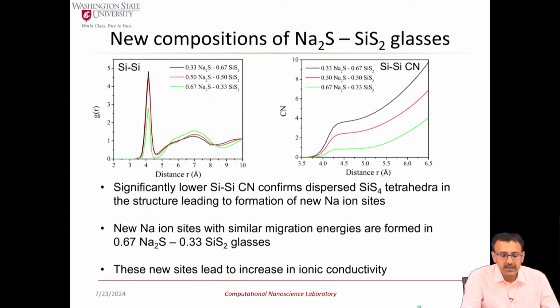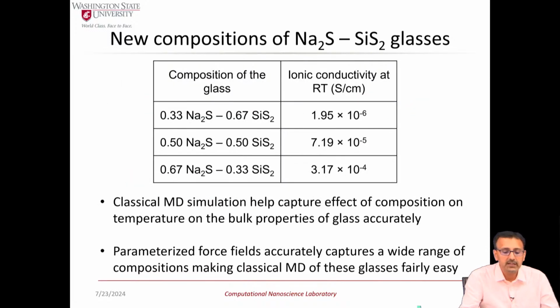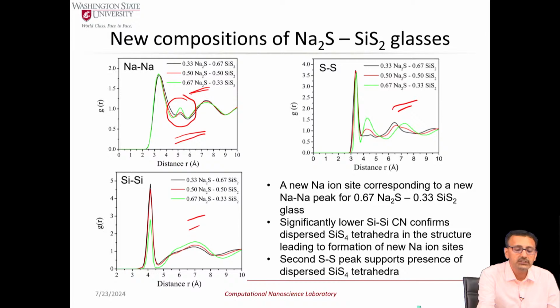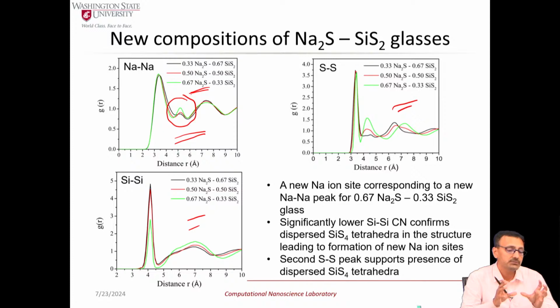To verify that, we calculated the ionic conductivity of these amorphous structures at these distinct compositions, and indeed we saw quite a bit of enhancement, about an order of magnitude, as we went from 33% sodium sulfide to 67% sodium sulfide. This is attributed primarily to the additional site opening up because of the extra non-bridging sulfur atoms as the sodium sulfide content in the glasses increases.